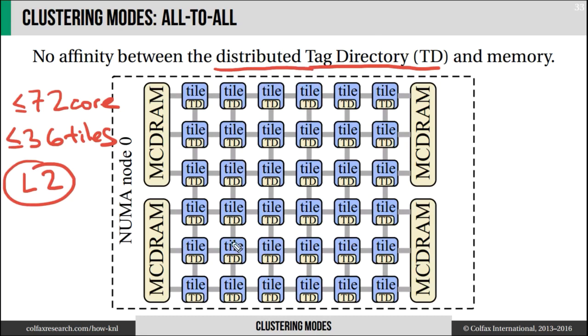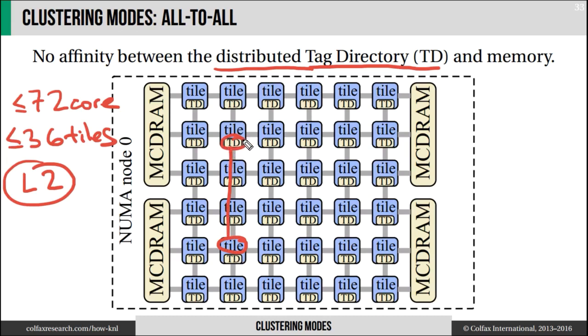The way it works is that when a core needs a memory address, it will use a hash function to determine which tile knows about the state of this cache line. So there will be a request: tag directory, tell me which core has this data in the level 2 cache.